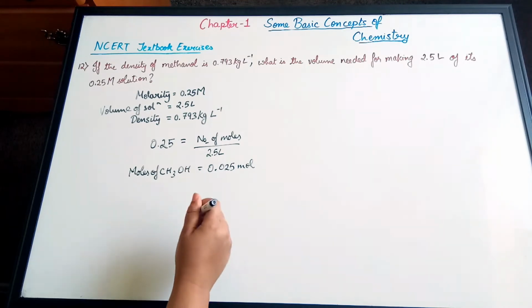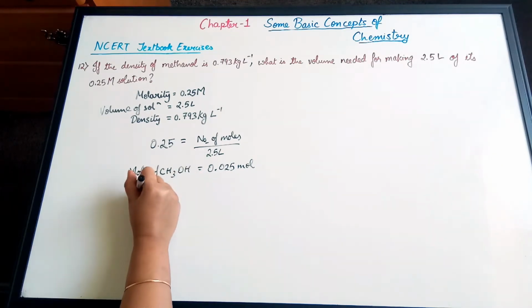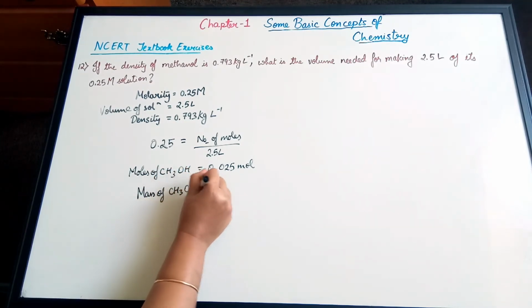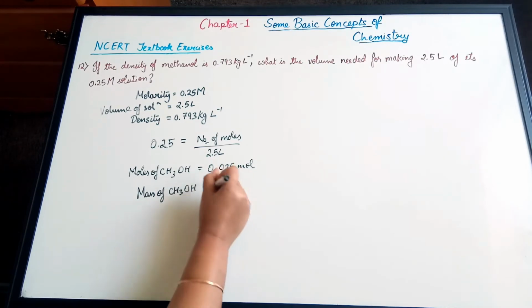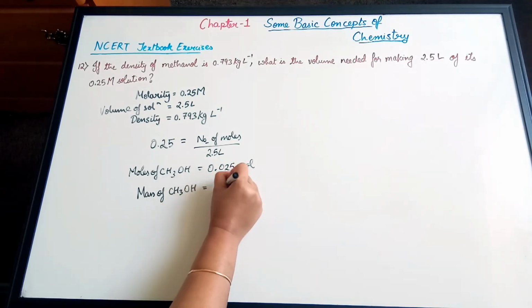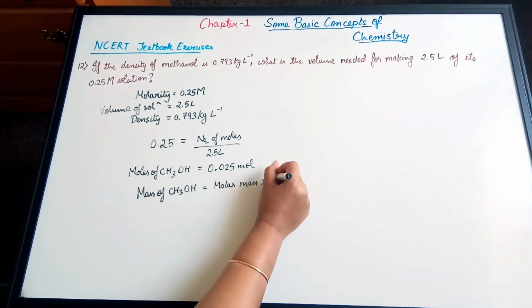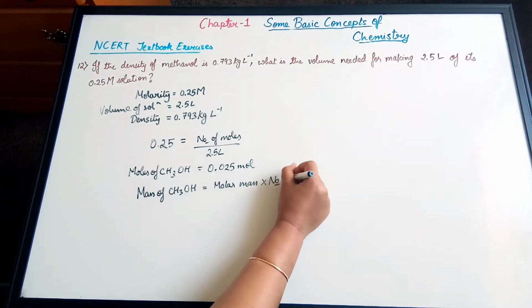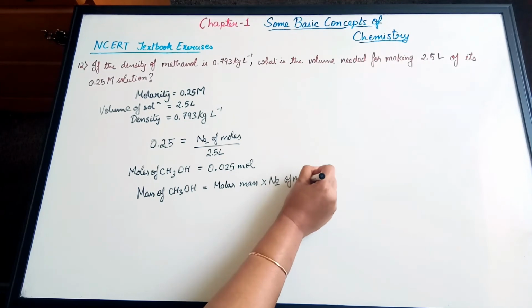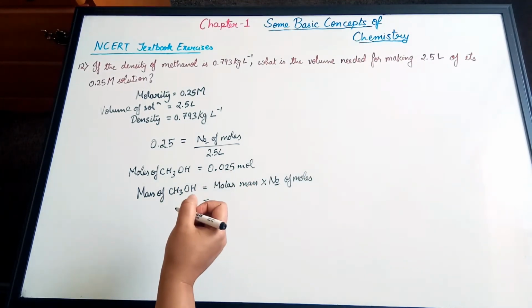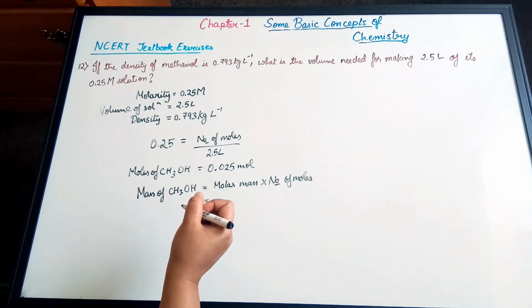Okay, now number of moles also equals mass by molar mass. So the mass of methanol would be equal to molar mass into the number of moles. So molar mass of methanol is 32.